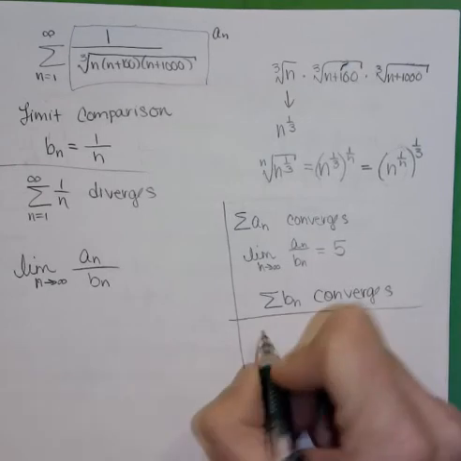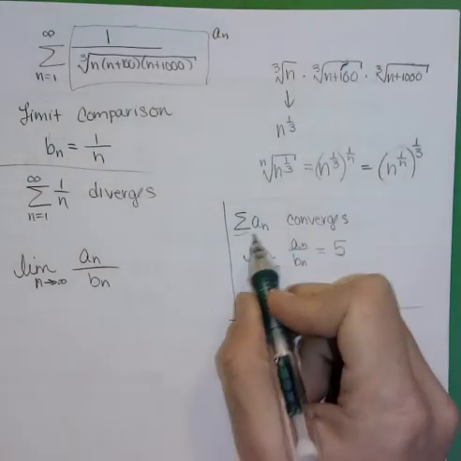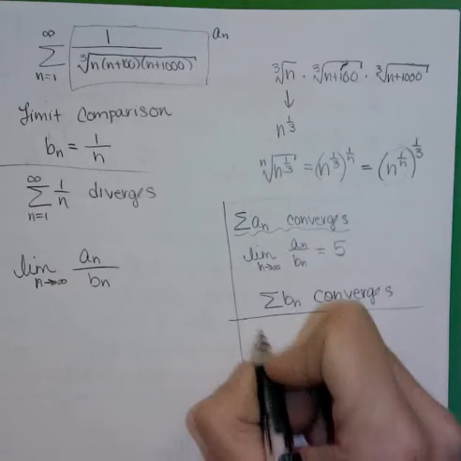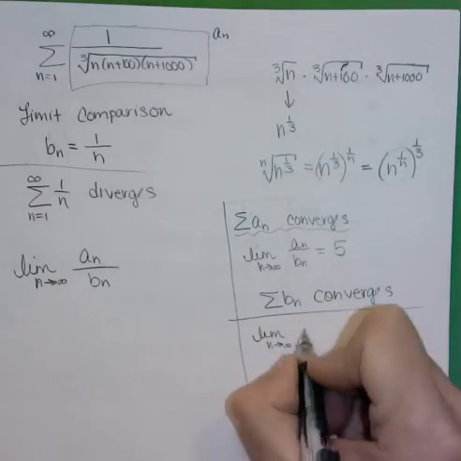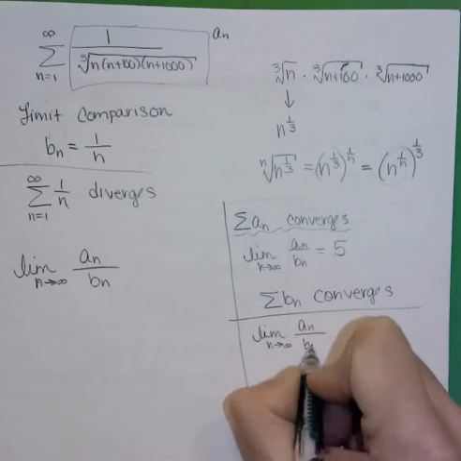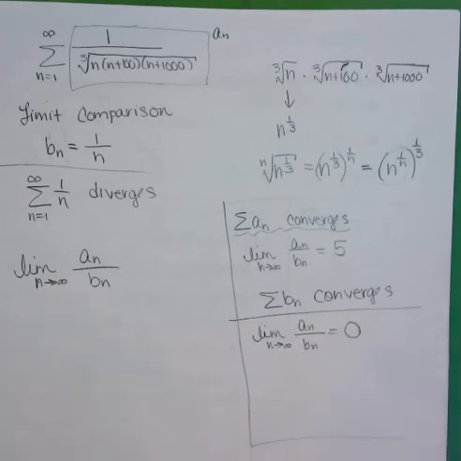What if, same hypothesis, a sub n converges. I should have said finite non-zero number in the first one. What if the limit is 0? Then which one is bigger, a sub n or b sub n?